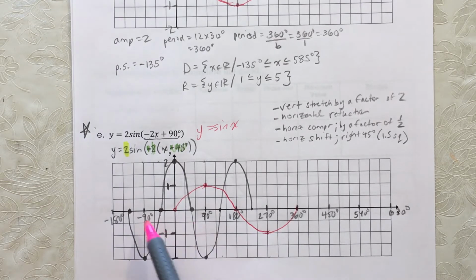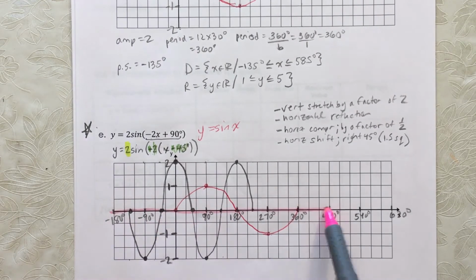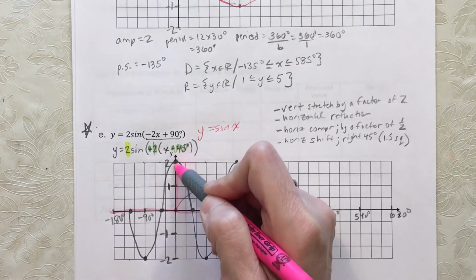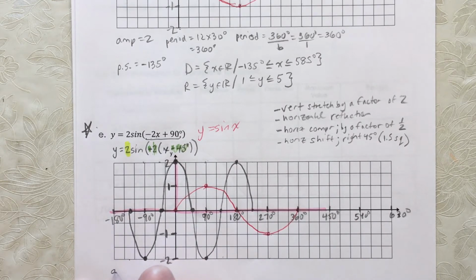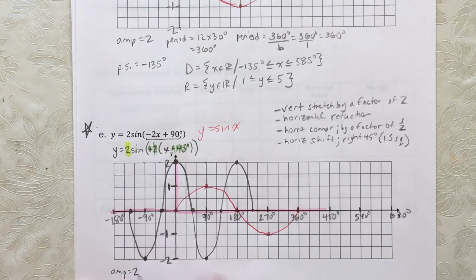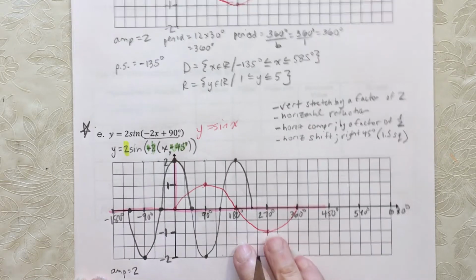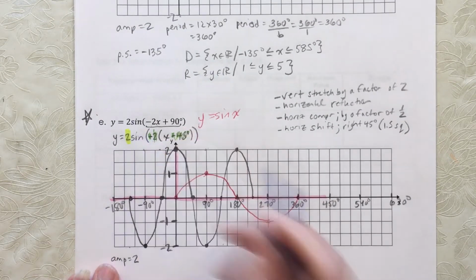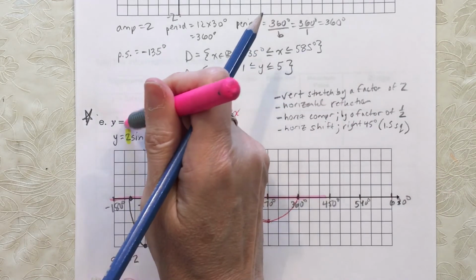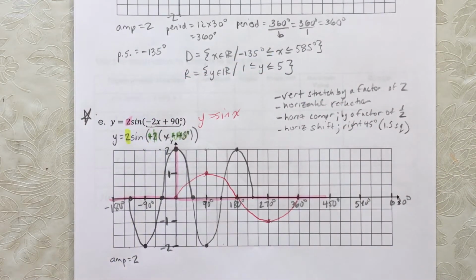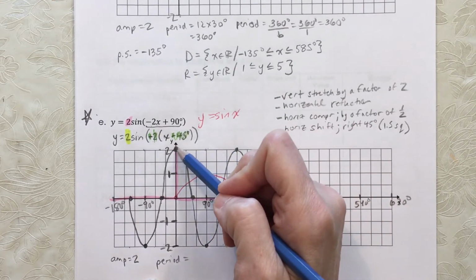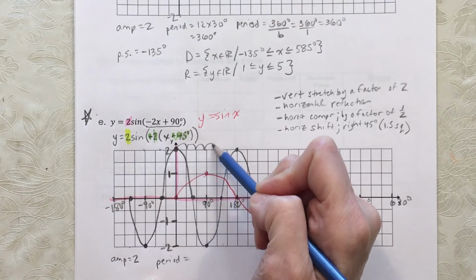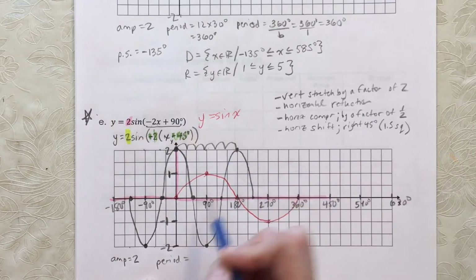Amplitude, so my central axis stayed at 0, and the distance from the central axis to the maximum is 2. So the amplitude should be 2, which is also the number out front. So that works. The period, so the number of squares from maximum to maximum is 1, 2, 3, 4, 5, 6.